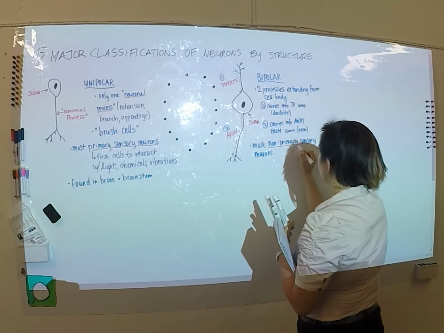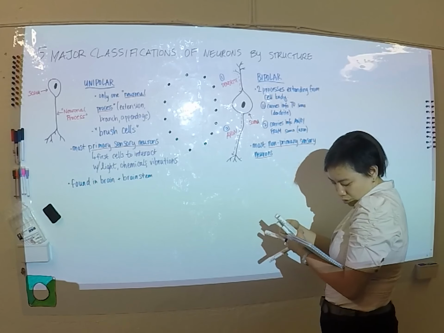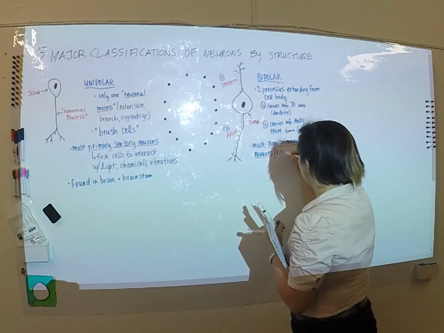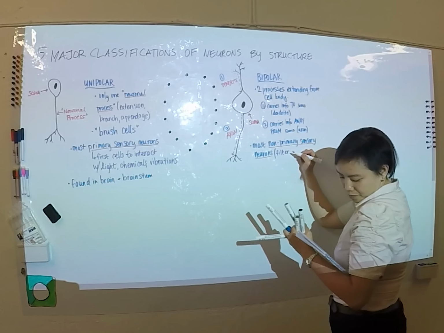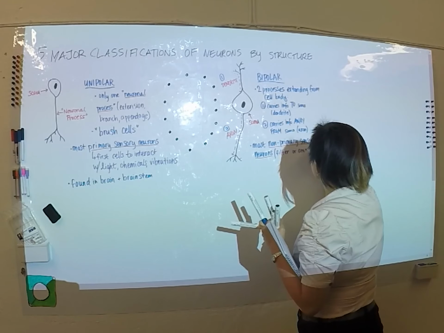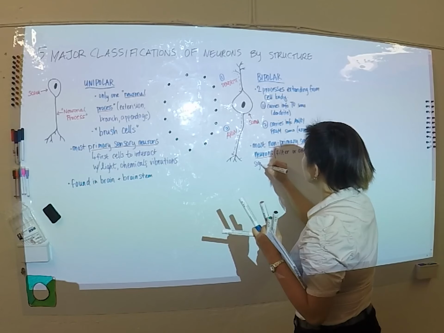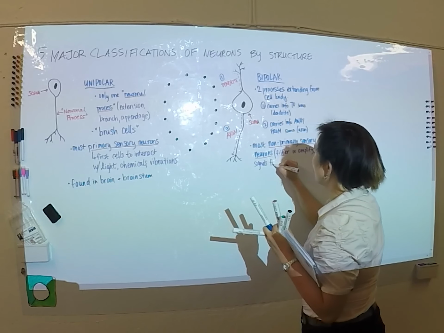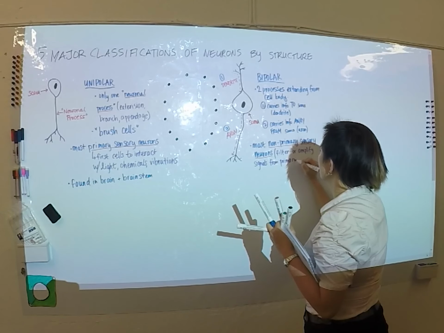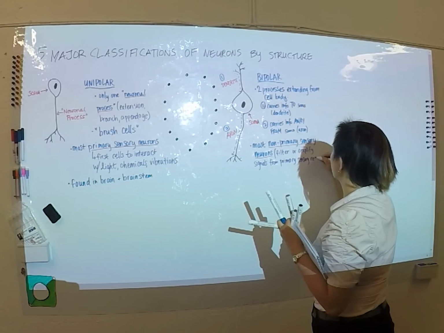So non-primary sensory neurons, what do they usually do? They usually filter or amplify signals from the primary sensory neuron.